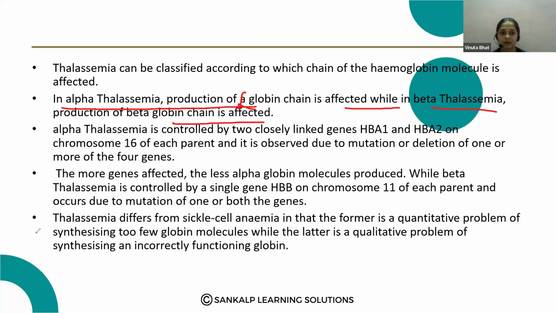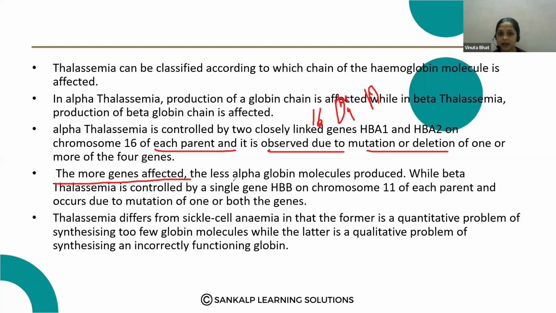Alpha thalassemia is controlled by closely related genes, HBA1 and HBA2, on chromosome 16. HBA1 and HBA2 of each of the parents are affected, and it is observed due to the mutation or deletion on chromosome 16, where HBA1 and HBA2 are present, isn't it?